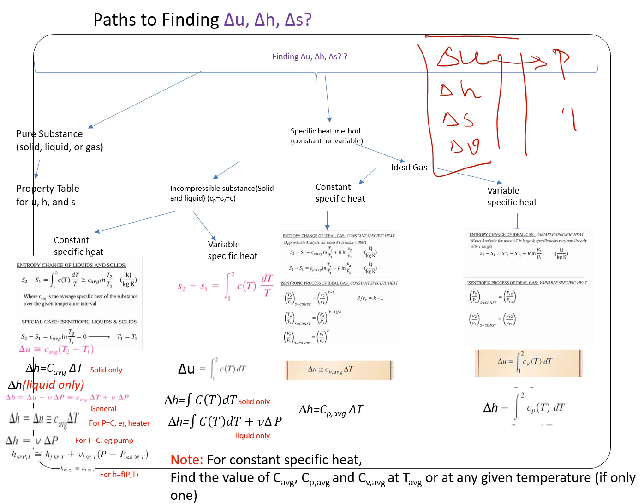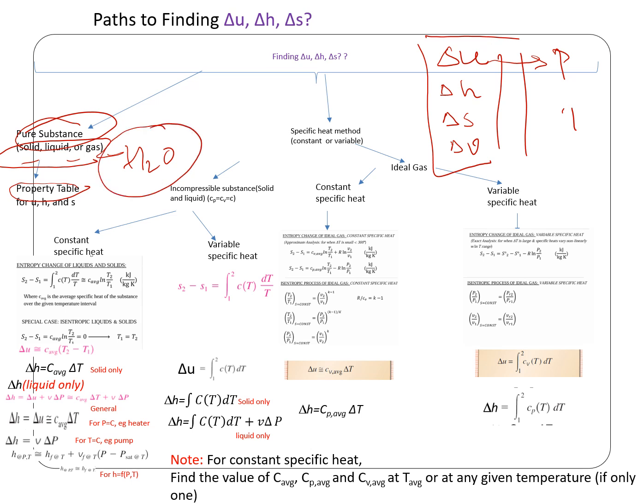Now, this is a general picture that tells us how you can find the change in these properties. Again, there are two paths for that. One is using the property table for solid, liquid, or gas, or a combination of these for a pure substance. Pure substance means it is homogeneous in chemical composition. For instance, water, H2O, is homogeneous.